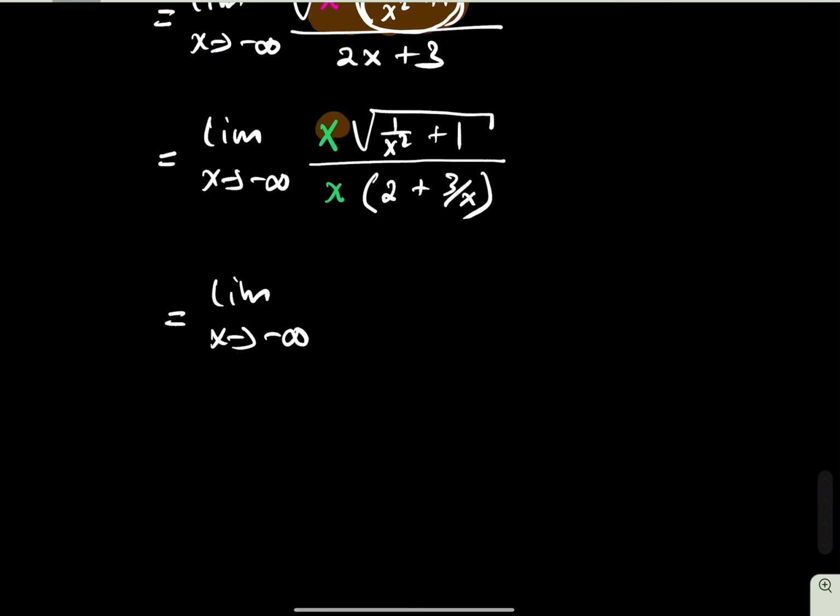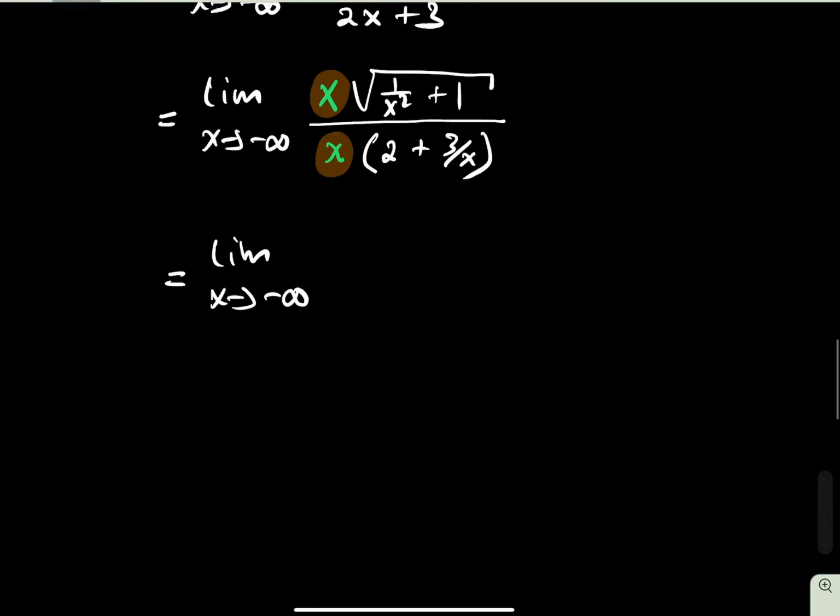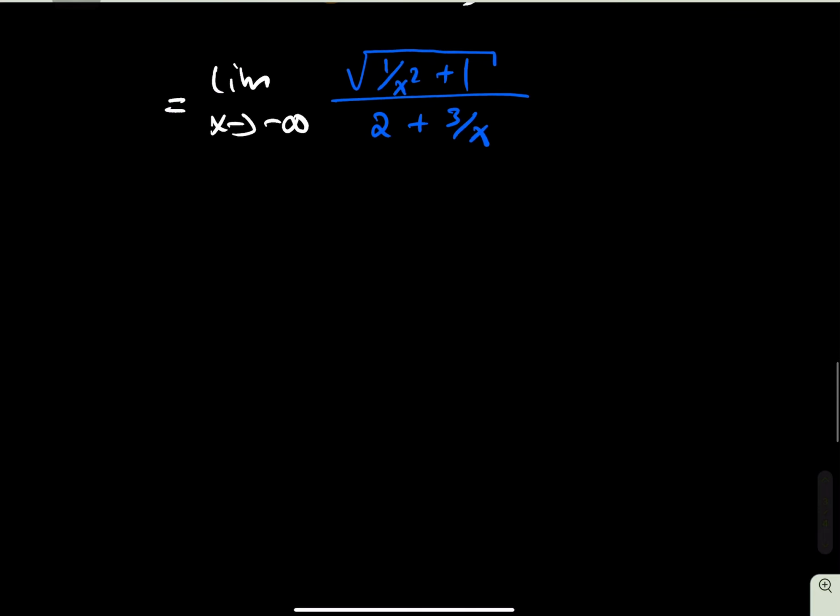Observe that these two guys here really undo each other, or they cancel. So you are primarily left with the square root of 1 over x squared plus 1 divided by 2 plus 3 over x. So what can you do now? Now you can try to substitute your infinity for x. Notice that if you do that, you are going to put infinity here, negative infinity, by the way.